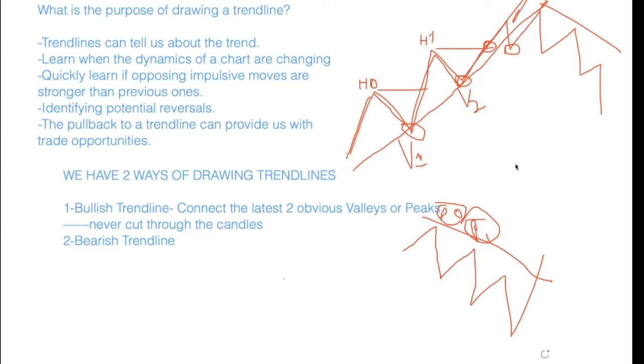Any question here? Something that you have to be aware of, guys, is when you draw your trend line, don't cut the candles when you are drawing the valleys and the peaks.